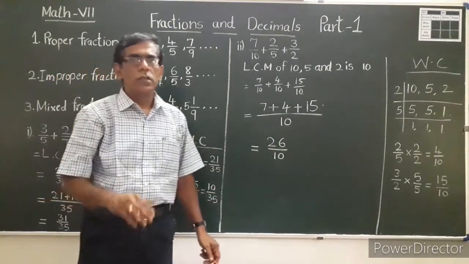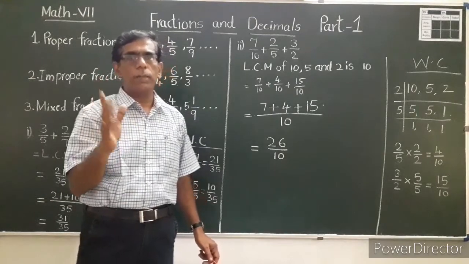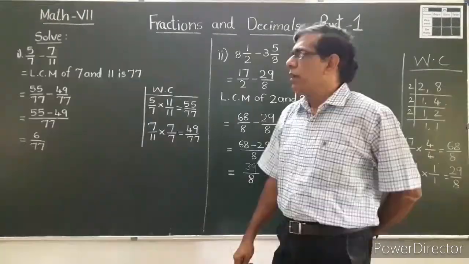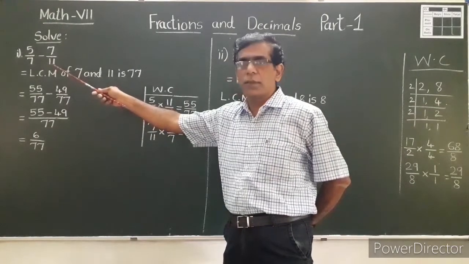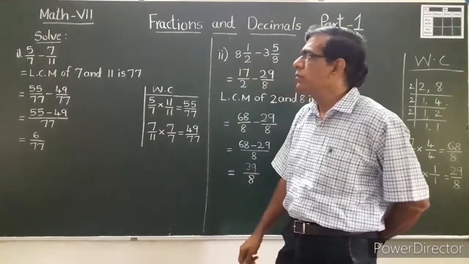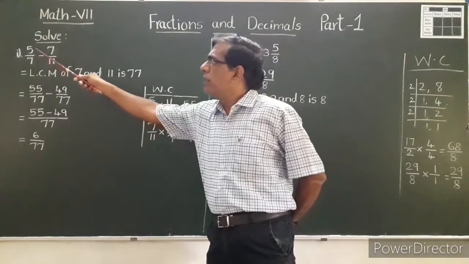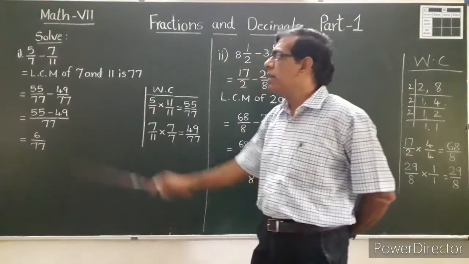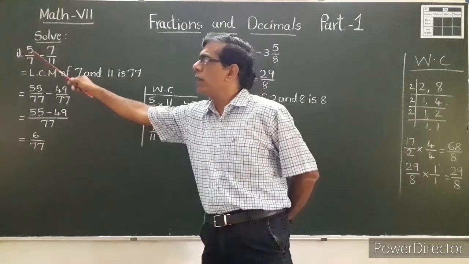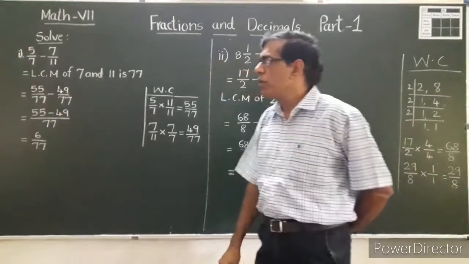Now we move to the second math operation, that is subtraction. Here, 5 by 7 minus 7 by 11, that is, 7 by 11 is subtracted from 5 by 7.